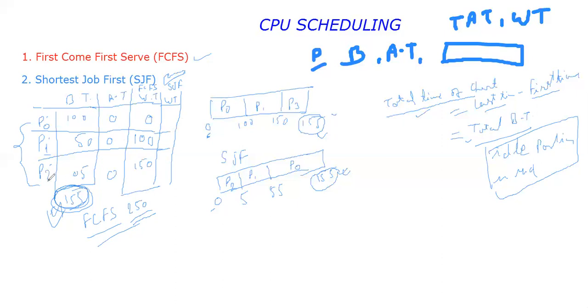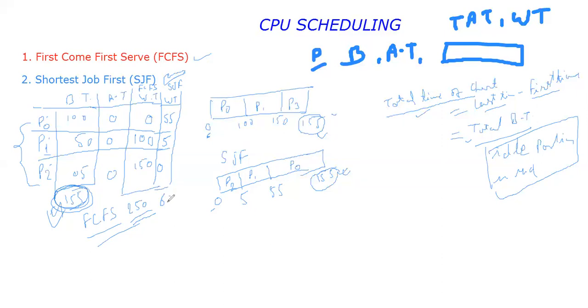So I'm going to pick P2 from here. P2 got started at 0, so the waiting time is 0. Now P1. P1 arrived at 0 and got a chance at 5. So the waiting time is 5. Now P0 arrived at 0 and got a chance at 55. So the waiting time is 55. So what is the total time?